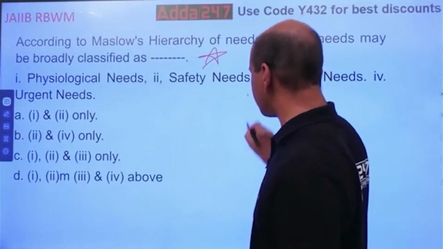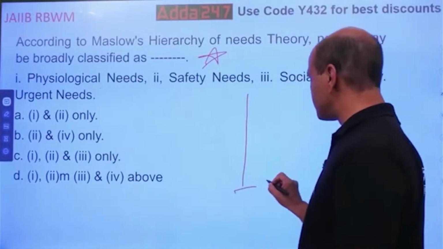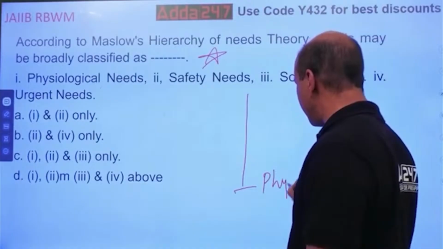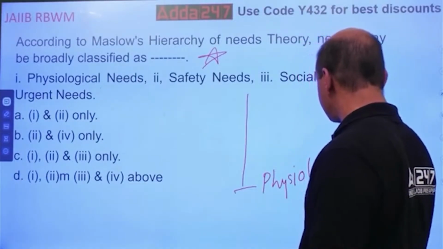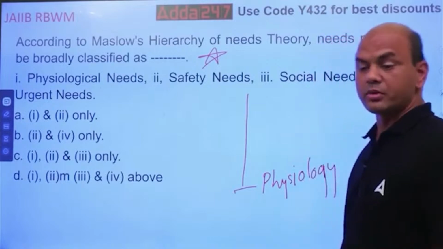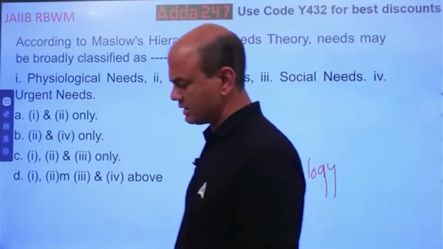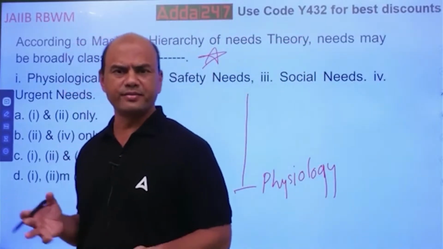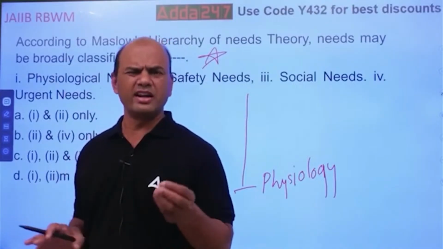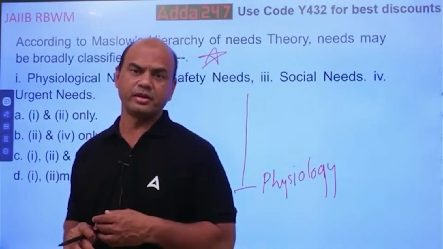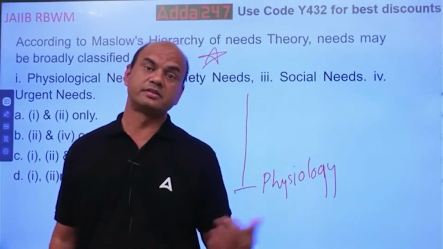They start from the bottom. The bottom is physiological. Physiological means hand to mouth. This person is a daily earner, daily spending, with no saving or hardly any saving. There are a lot of people in our country in this phase.